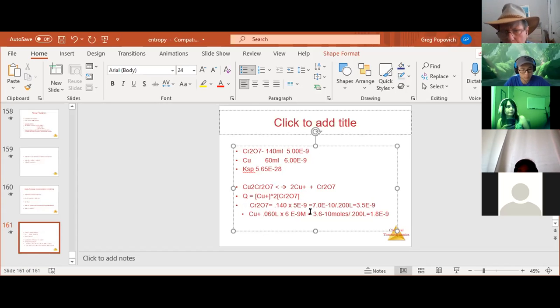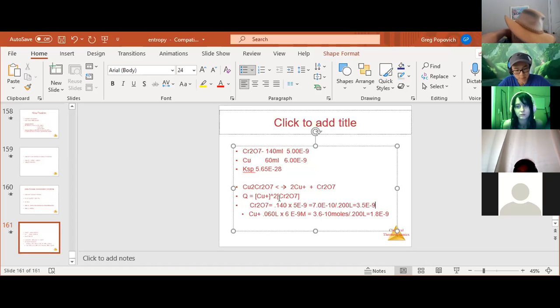Now all I've got to do is plug the 1.8E to the negative ninth into copper squared and this number into chromate to the first. Do that number. I'm going to get a big number. I think it was times 10 to the minus 26. 1.134E negative 26.